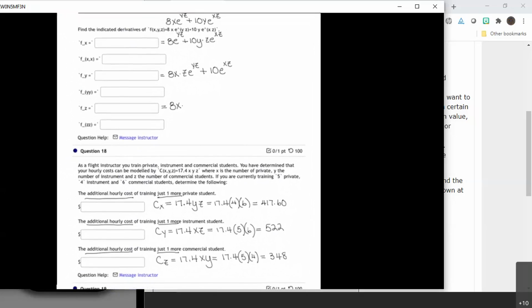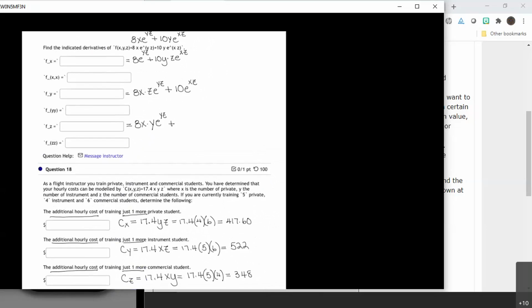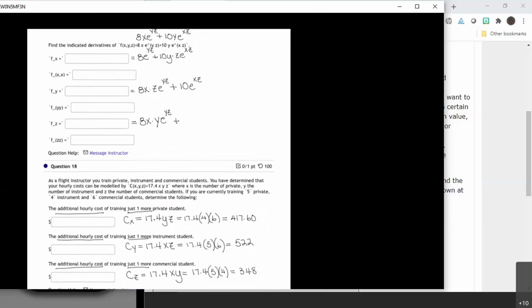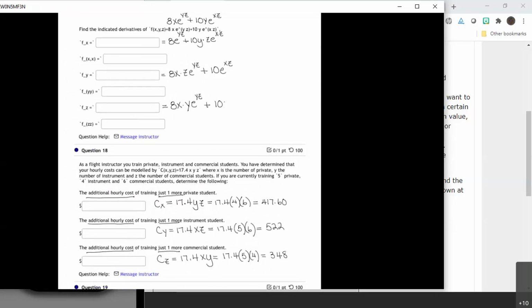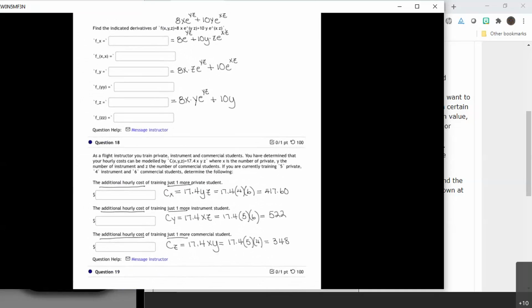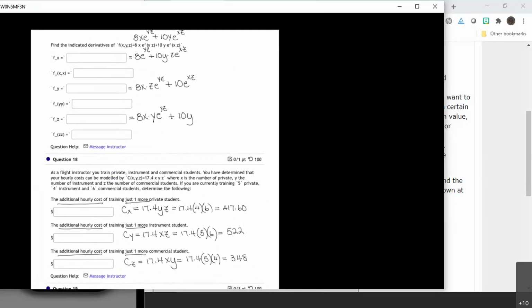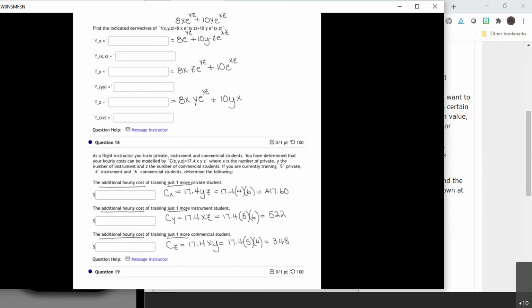So that's going to give me y e to the yz. And then for the second term, the 10y is part of the coefficient, and if I differentiate that e to the xz with respect to z, I'm going to get x times e to the xz. Okay, everybody all right with it?